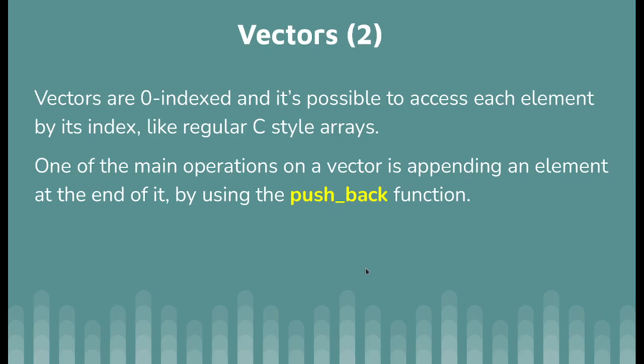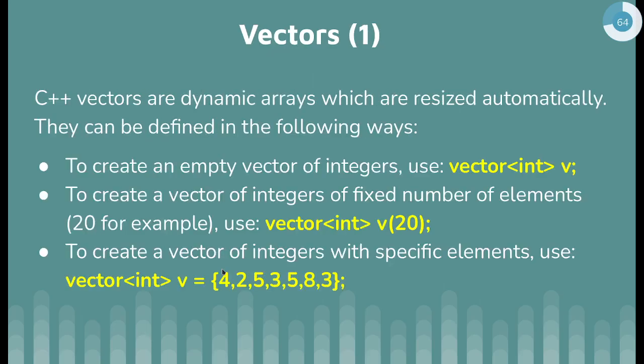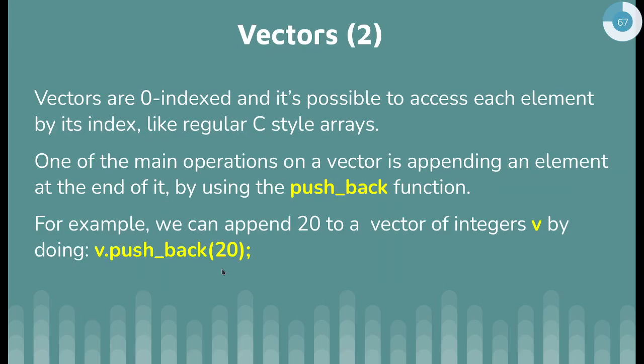You have your vector, then you push back the element, which needs to be of the same type as the vector. So in this case, for a vector of int, you need to push back an int.